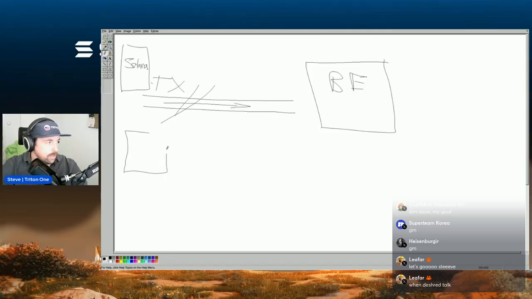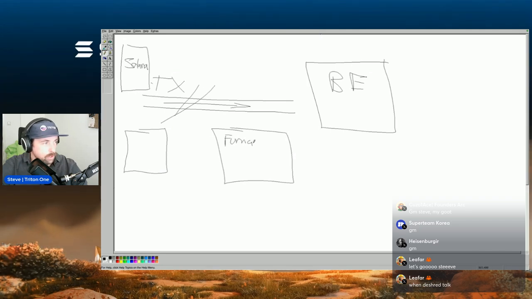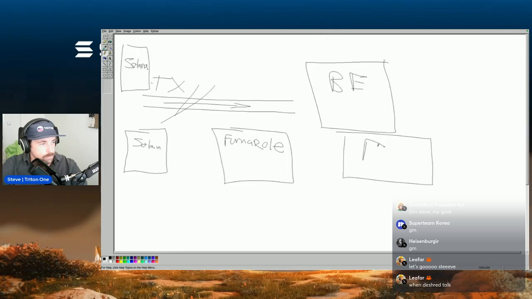So what we did is we built an intermediary system called Fumarole. There we go. Solana, and here's your backend again.